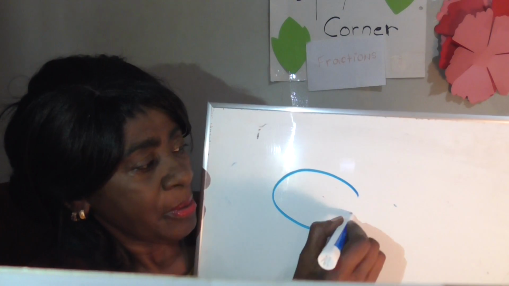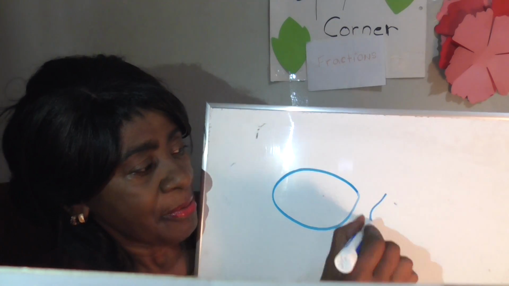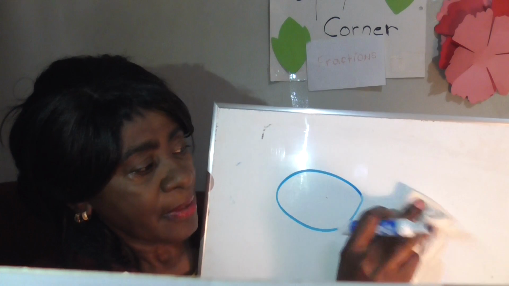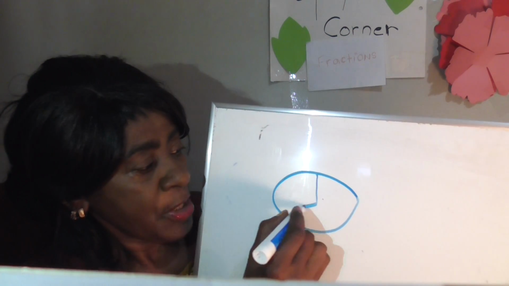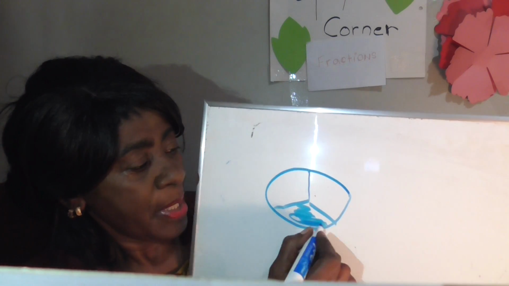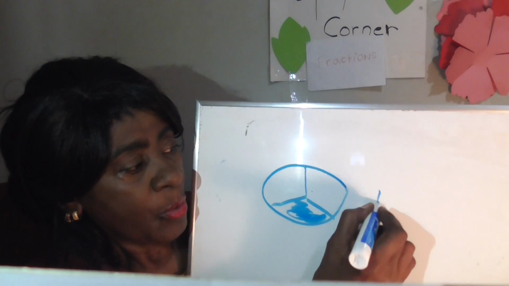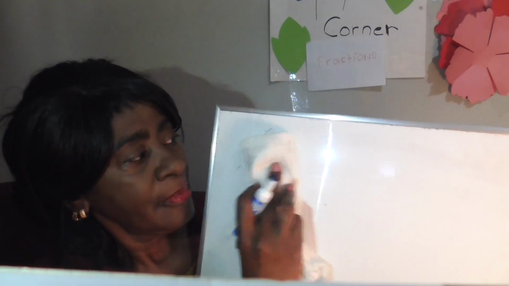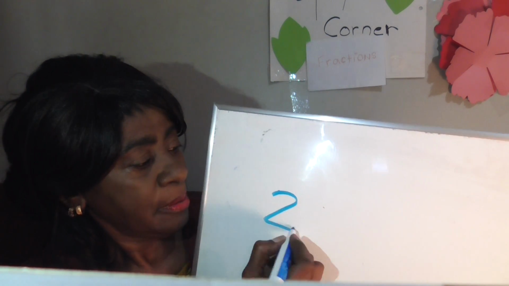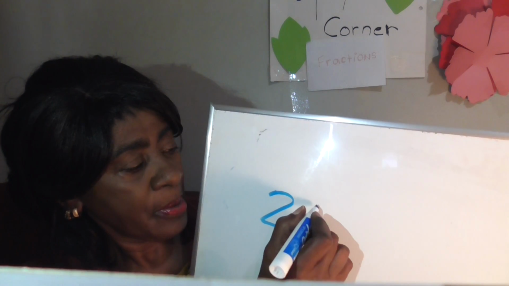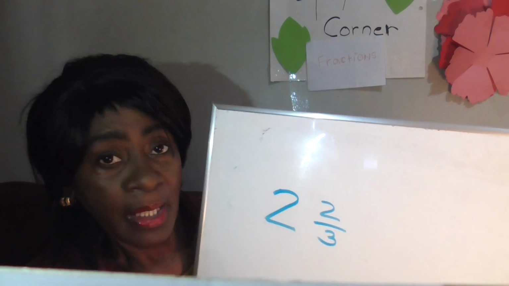First thing we have is a fraction. A fraction is part of a whole. If I color one part of this pie, how much did I color? 1/3 of it. That's the fraction. A mixed fraction contains a whole number and a fraction.